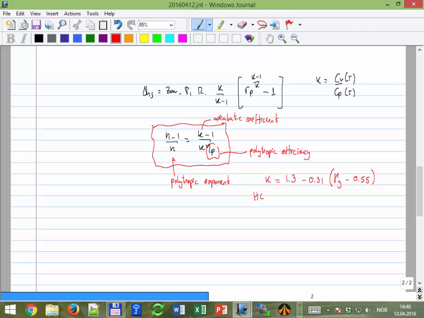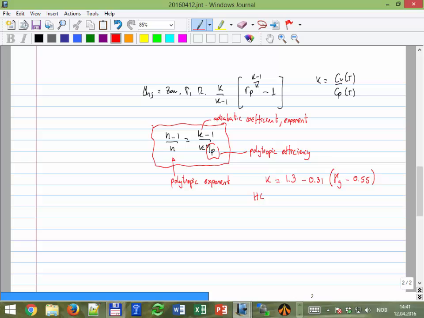The adiabatic coefficient is also called the adiabatic exponent. If we have the specific gravity of the gas, we can calculate this K, and if we have the efficiency, we can calculate n. It's exactly equivalent. So far, so good? Okay, now let's see how we can use this.